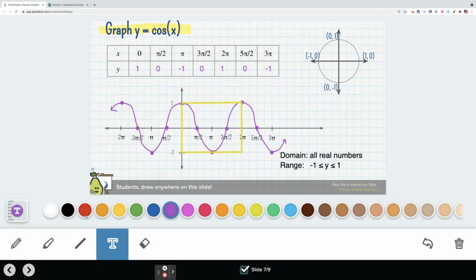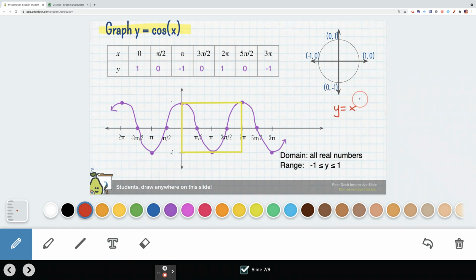Just for a minute, take a trip down memory lane with me, okay? For a quick second, do you want to remember with me y equals x squared? Remember our parent quadratic function? And do you remember when we had y equals x squared and we graphed it, what the graph looked like?